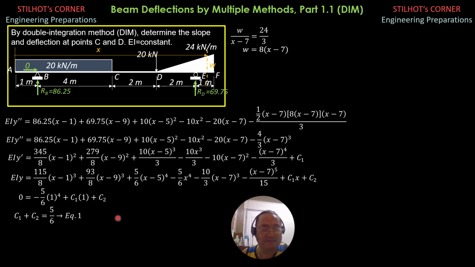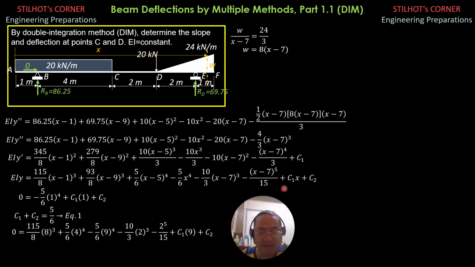Next, when x is 9, y is 0. So EI times 0 equals 115 times 8 cubed plus 5 over 6 times 4 to the fourth minus 5 over 6, 9 to the fourth minus 10 thirds 2 cubed minus 2 to the fifth over 15 plus c sub 1 times 9 plus c sub 2.